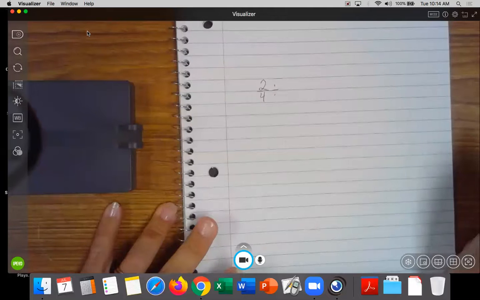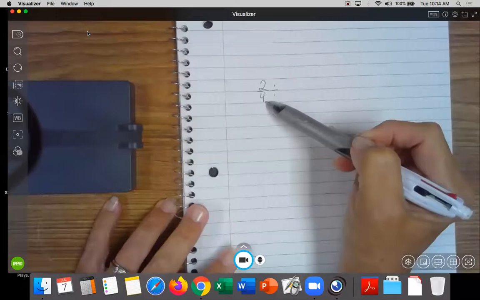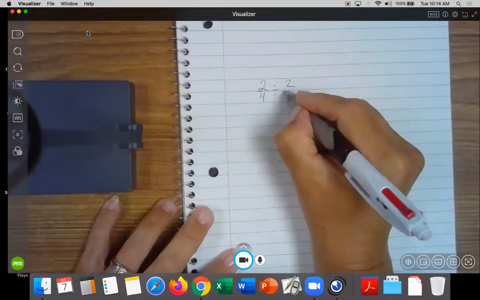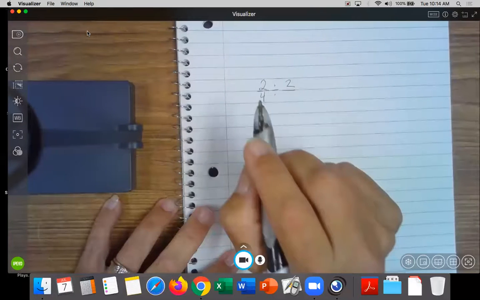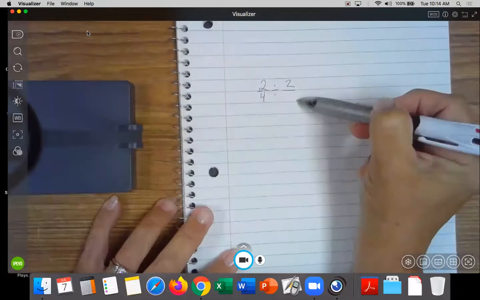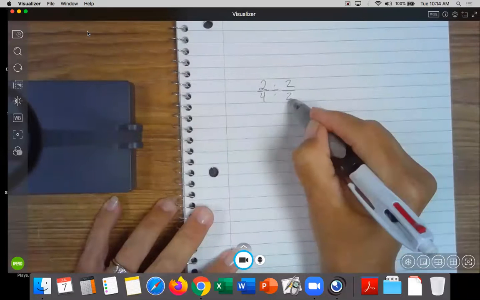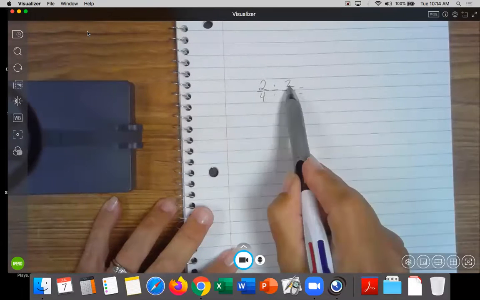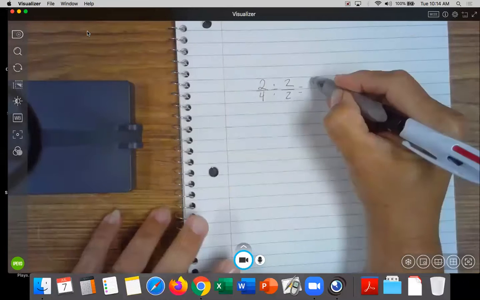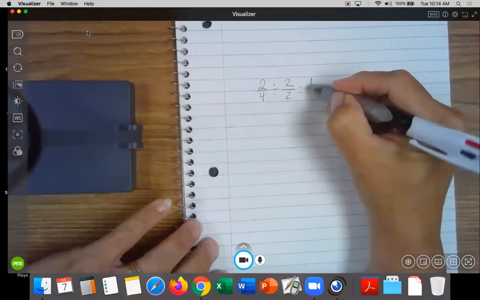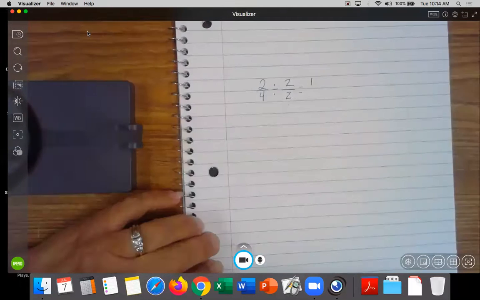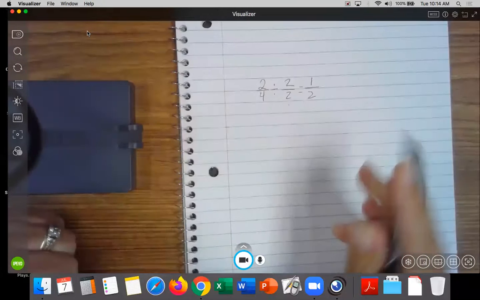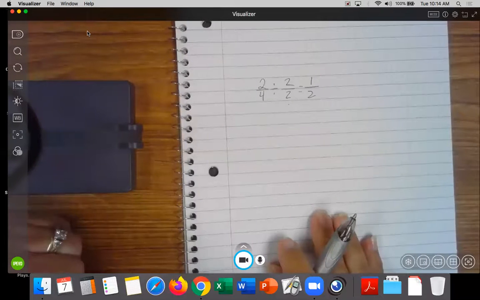What can I divide 2 by that I can also divide 4 by? 2. Good. Remember, whatever I do to the numerator, I have to do to the denominator. So I'm going to divide, because I'm simplifying. 2 divided by 2 is 1, and 4 divided by 2 is 2. So 2/4 is equivalent to 1/2.